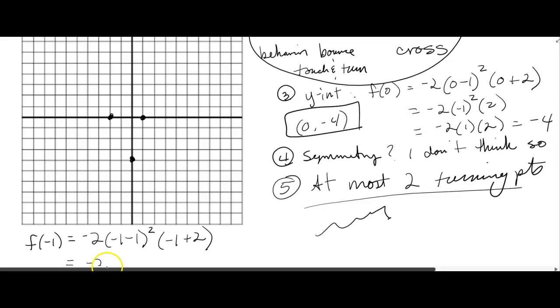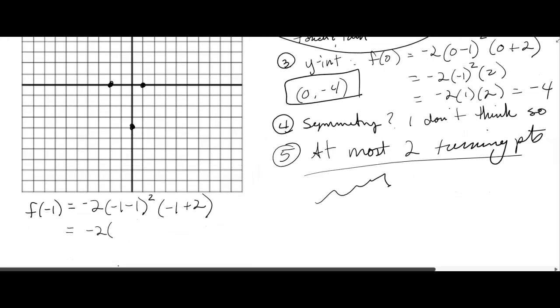Let's see. -2 squared is 4, and this is going to be 1. So I'm going to get 4 times -2, which is negative. So it's going down there quite a bit, but it still fits on my graph paper. So that's the point -1, -8.